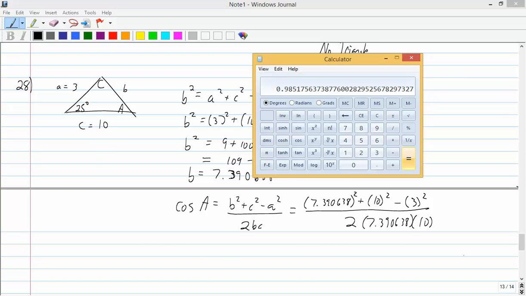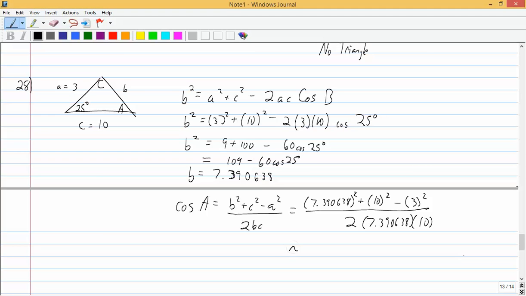Alright, so since that's what cosine of A equals, then we need to say inverse cosine. Okay, and I got 9.877. So on your test they round angle measures to one place, so that would be 9.9 degrees.